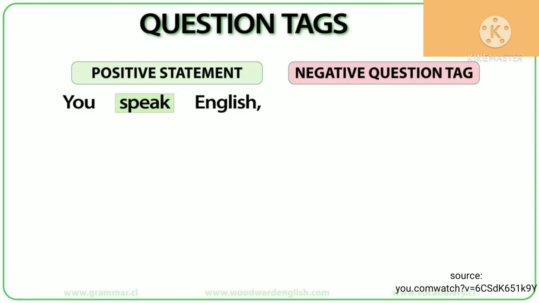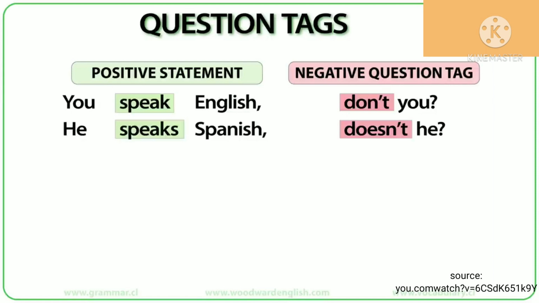What do we do with normal verbs that are not to be, or modal verbs, or auxiliary verbs? For example, you speak English. This is a positive statement. What would the negative question tag be? When the verb in the statement is in the present tense, we form the question tag with don't or doesn't.